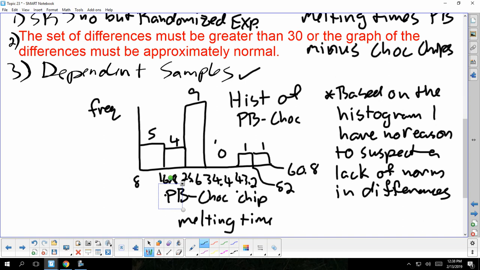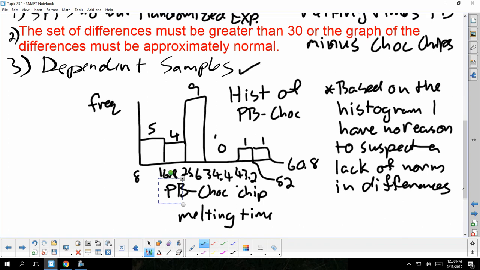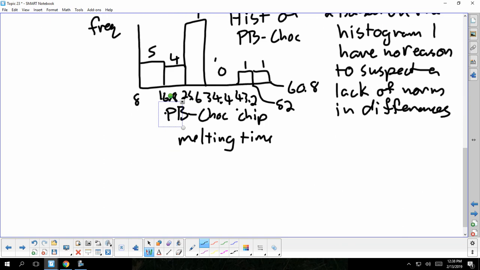And then we're going to calculate a t-statistic. Okay? This is just your regular t-test like we did from topic 19. Okay? I want my t, my p-value, and I'm going to decide whether I reject or fail to reject.